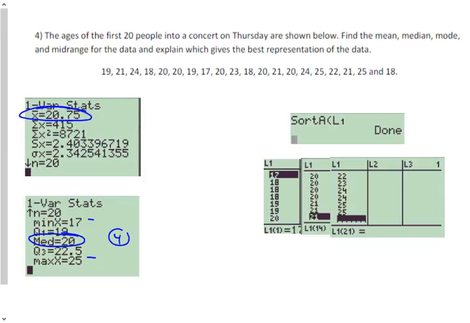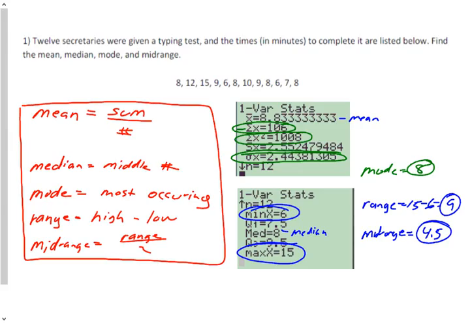Oops, and I'm sorry. It is plus. So the mid-range is high plus low. I think I said that wrong earlier on, so let's correct that. It's not the range for mid-range. It's high plus low over 2.